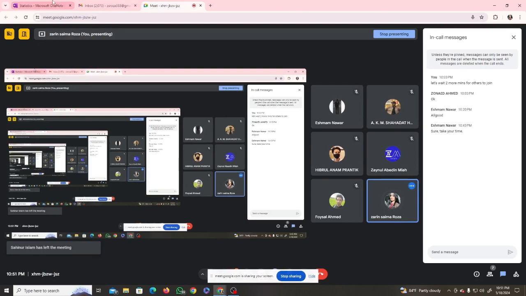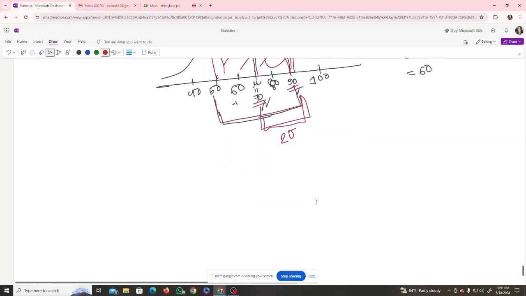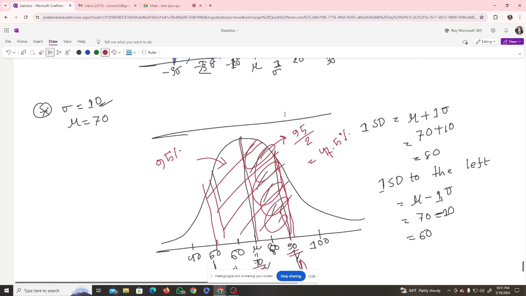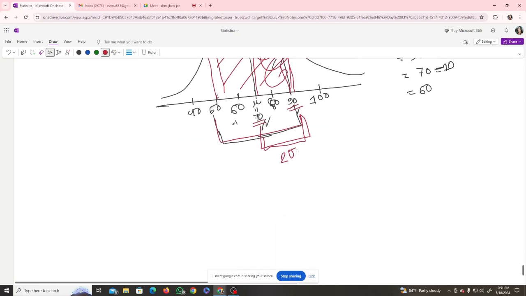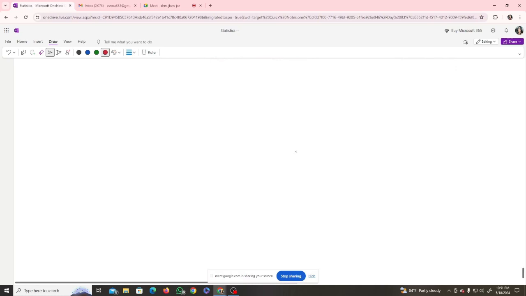All right. I think we can talk about a different example to understand this part more clearly. Suppose this is your distribution over here. This is your mean.